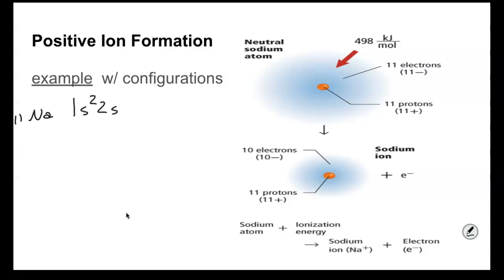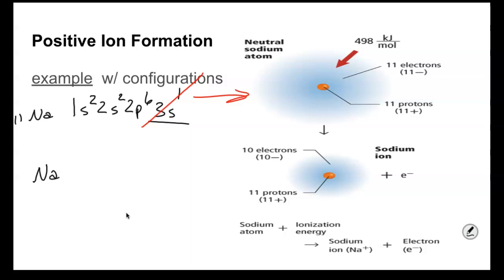If you take a look, sodium has 1 valence electron. It's not stable. So it's going to lose that 1 valence electron. It's going to ship it off someplace else. It wants to get rid of it. And what we're going to end up with is still sodium.